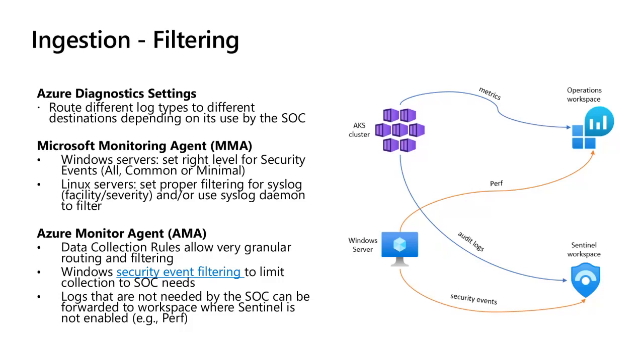Another set of events, send them to my other workspace, or another set of performance metrics, send them to another workspace, right? As you can see here in the picture as well, we have a Windows server. We choose to send some security events. We can specifically decide which ones we want and send them to the Sentinel workspace because that's what we need for the SOC to do its job. And then the performance metrics that probably the SOC doesn't need as much can go straight into my operational workspace.